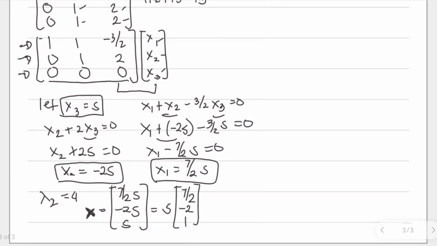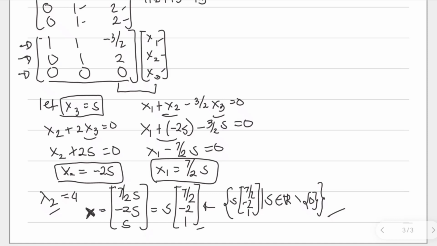This is your eigenvector. And writing a set for all values of s times 7 halves, negative 2, and 1, such that s is an element of R, but not an element of the set containing 0. This is your eigenspace, the eigenvector of your eigenvalue, which is 4.